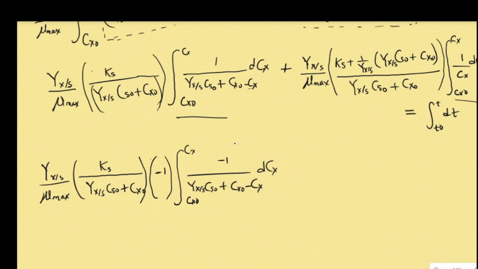The essence of putting this -1 here and here is that these terms are all constants, and this particular one is a variable you want to integrate, so you differentiate this term first, and it gives you this -1.